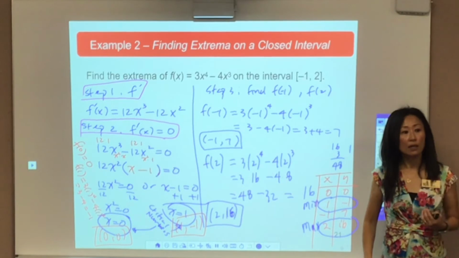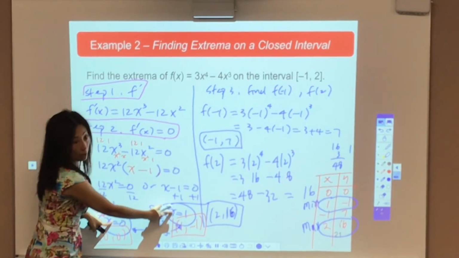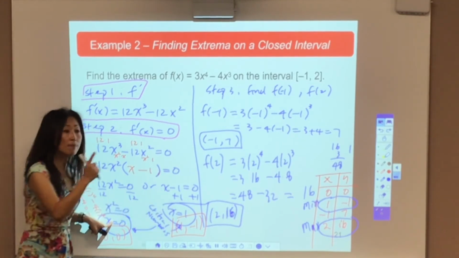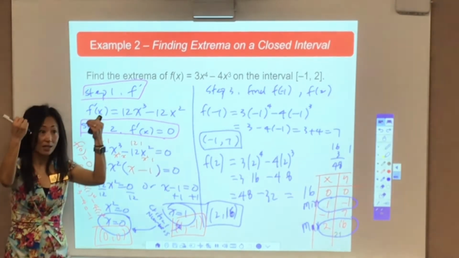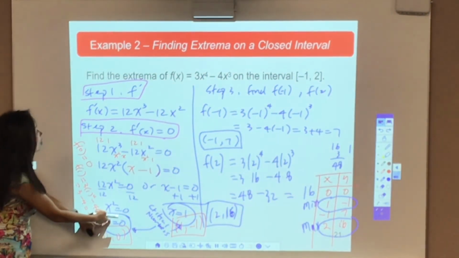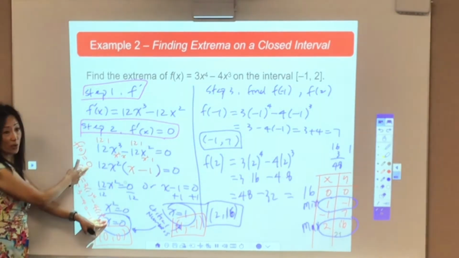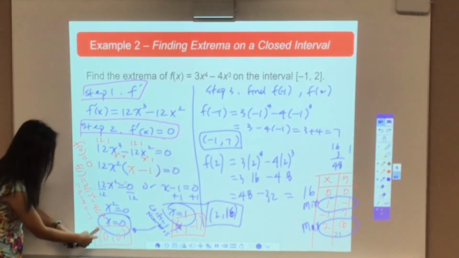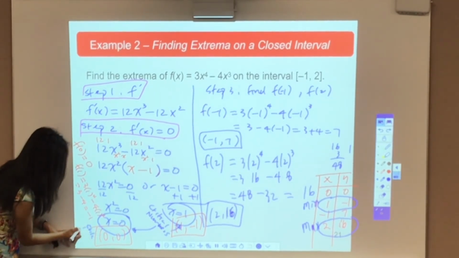You lost it when you did this over here with the f of. So I find my critical number, right? A number is different from a critical point. A point means you have x and y values. So I found the x value, and I have to plug that into where? The function, to find my y value. So this is a critical point.